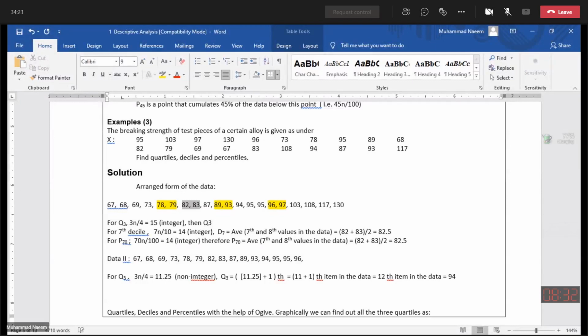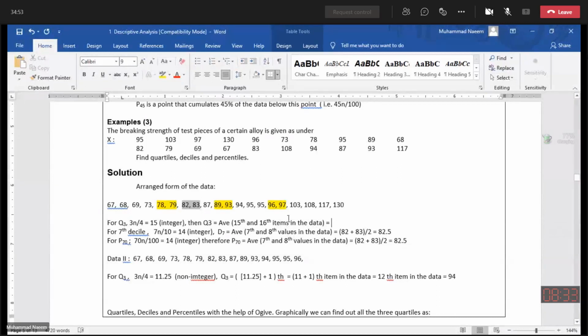This will be Q3. What is Q3? The average of the 15th and 16th values or items in the data.